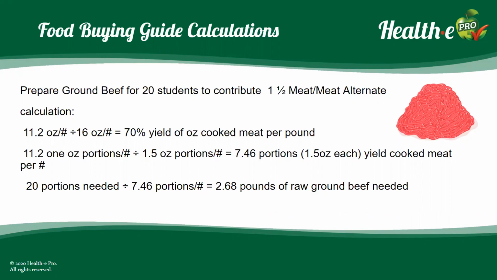And then finally, we need to figure out how many total portions we need and use the yield proportion to calculate what we're starting with. In this case, we want 20 portions at 7.46 portions per pound. That's the 1.5 meat alternate. So we will need 2.68 pounds of raw ground beef.